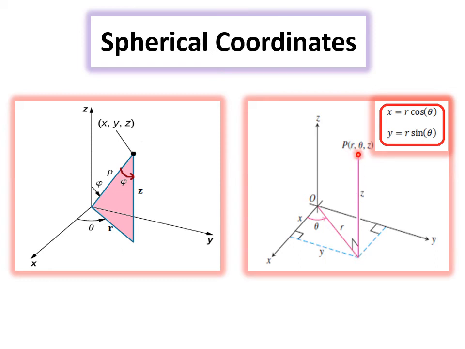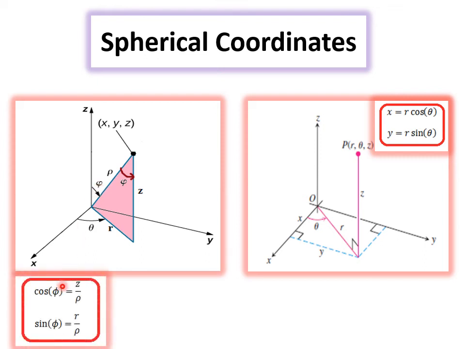So the projected point P on the xy plane is now r cos theta, r sin theta, 0. Instead of lifting this z units along z axis, what we are going to do is tilt this point with respect to z axis by the angle phi. To capture that, we have to compute cos phi and sin phi.